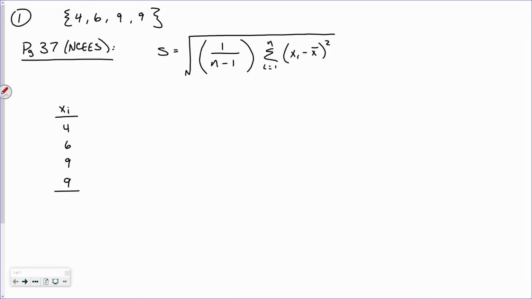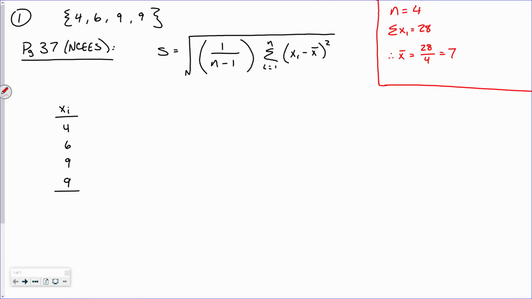First off, how many terms do we have? Well, we have 4 terms, right? The sum of those terms is 4 plus 6 plus 9 plus 9, so 4 plus 6 is 10, 18, so that's 28. So therefore, the average is 28 over 4, which is 7, right?